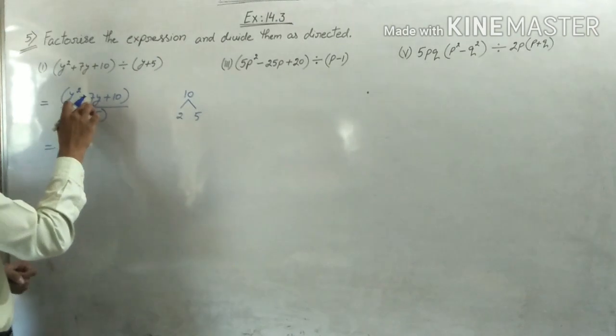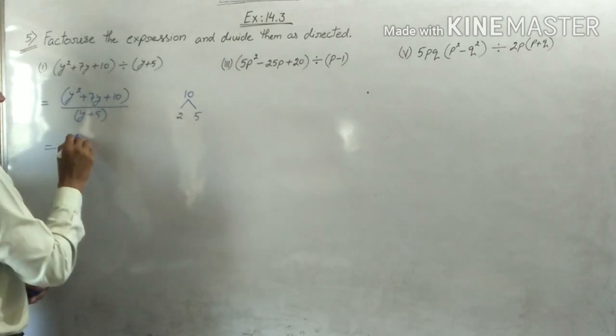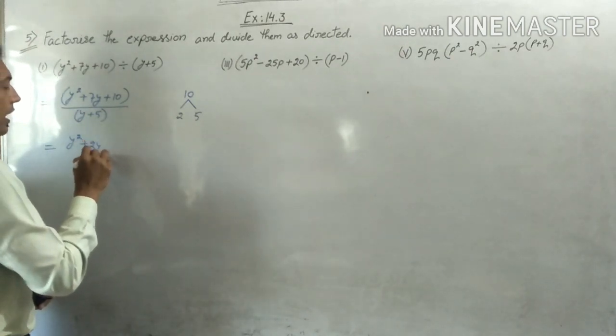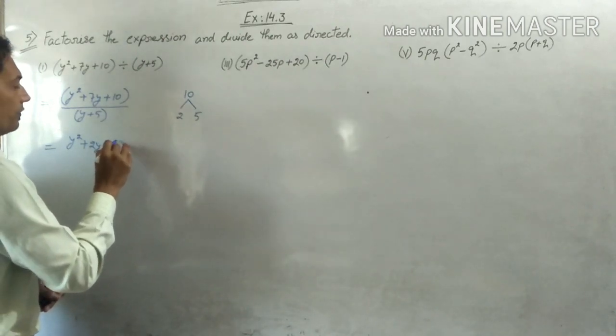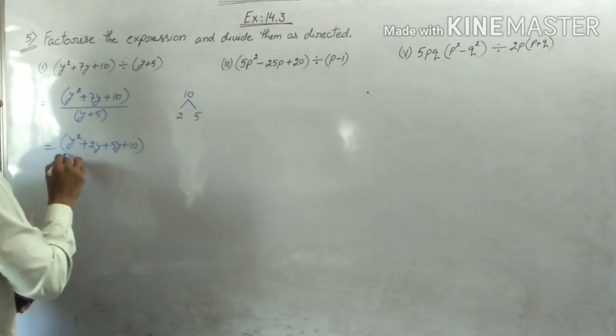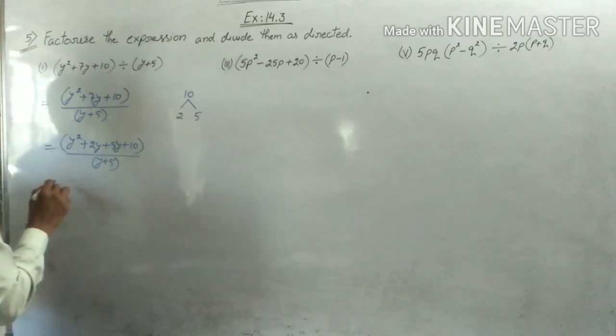So we are splitting the middle term 7y here. So this we can write as y square plus 2y plus 5y plus 10, whole thing divided by y plus 5.